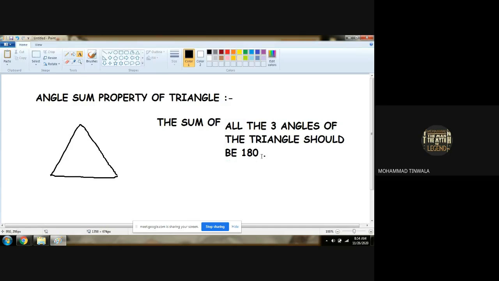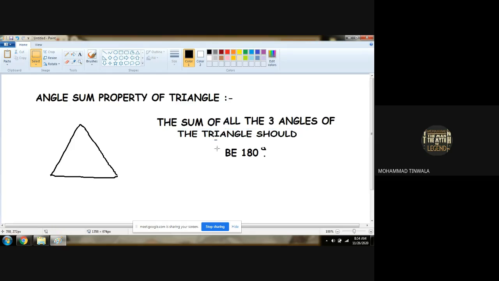Is that clear? Are you getting my point? This statement you have to remember, and this has to be followed. In sixth standard also this was followed, and in this year also this has to be followed. Any doubt with this? So the sum of all the three angles of a triangle should be 180 degree.